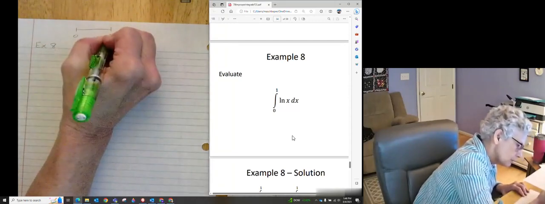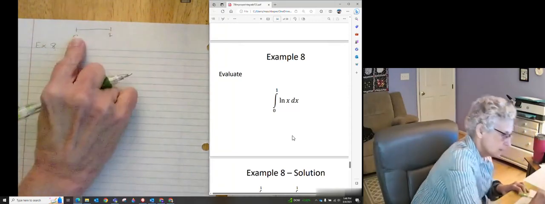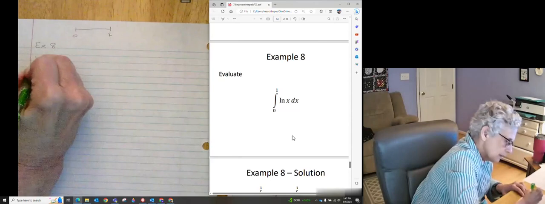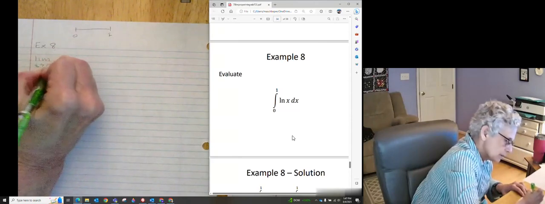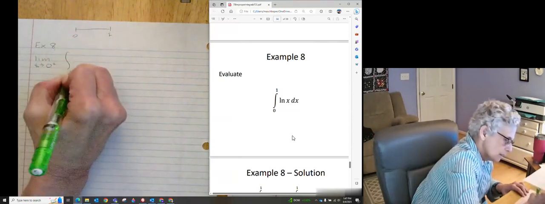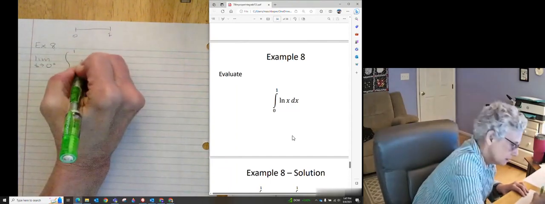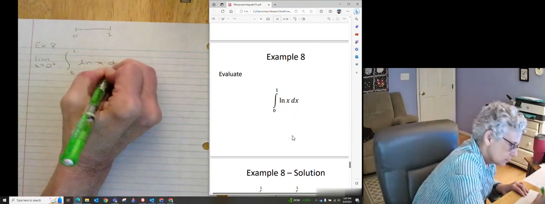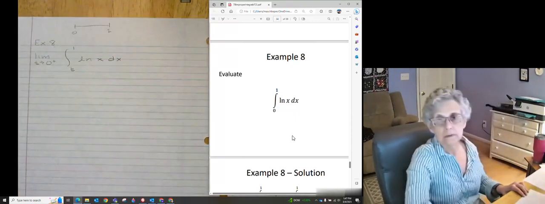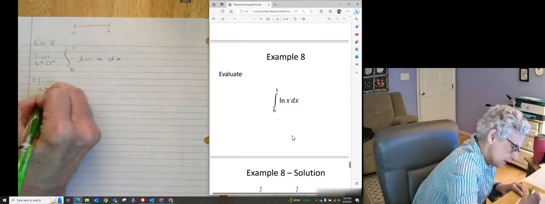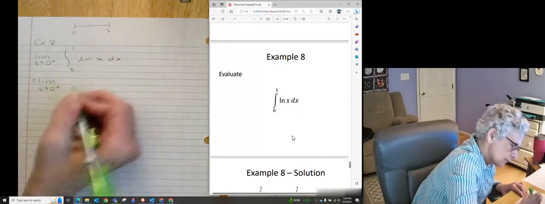And we're going from 0 to 1. 0 is the bad guy, so it's going to be the limit as t approaches 0 from the right, integral from t to 1, natural log of x dx, which is the limit as t approaches 0 from the right.